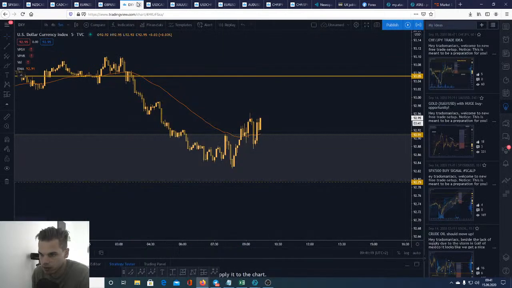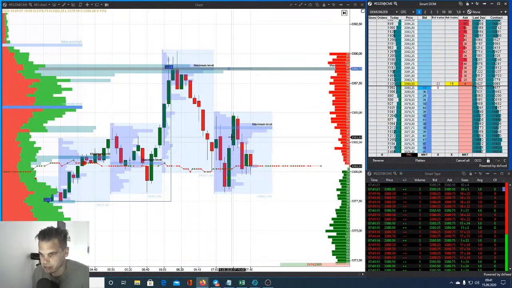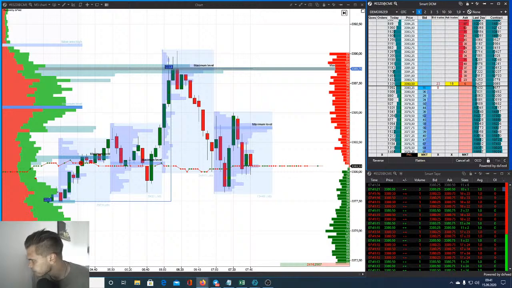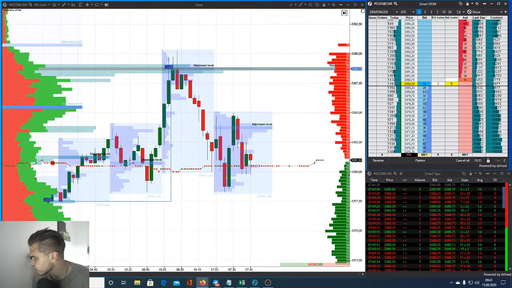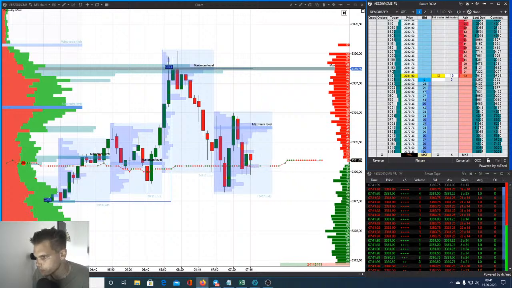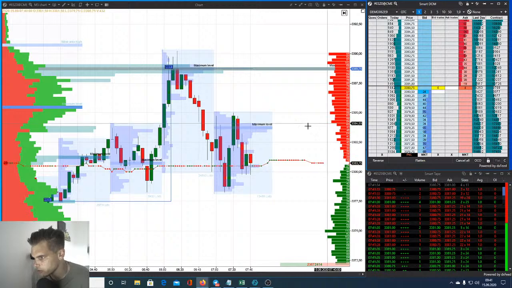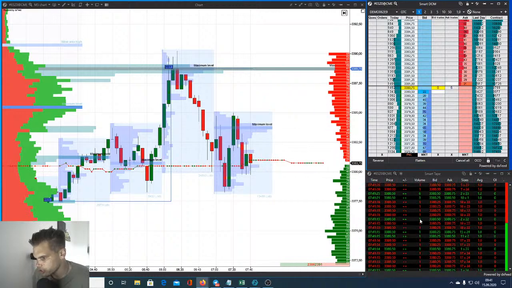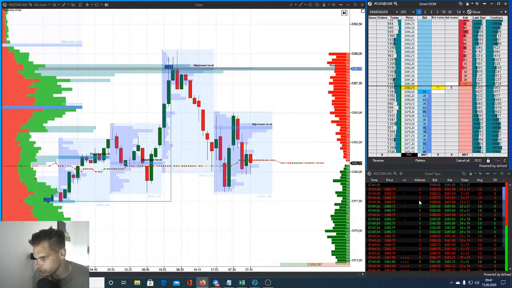So now we have to check SPX to make sure it's not going to drop. Then nice buy limit orders here, but the liquidity is so thin, man. The smart tape itself is very slow.